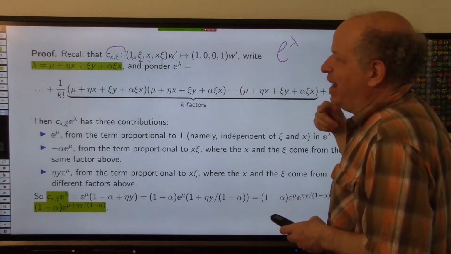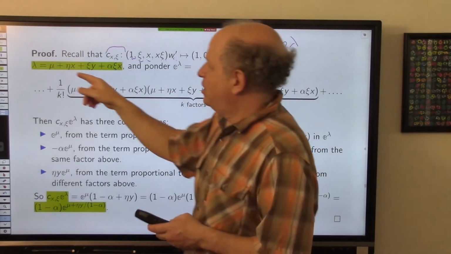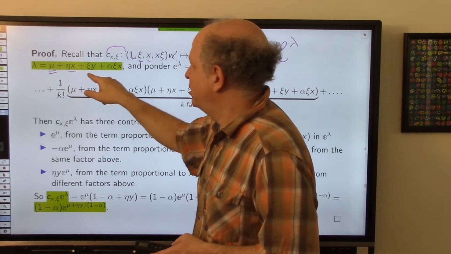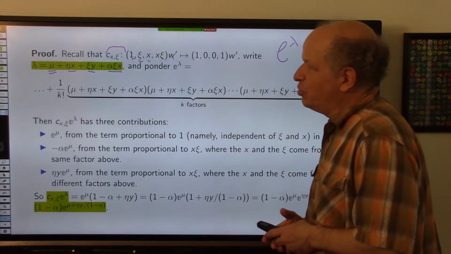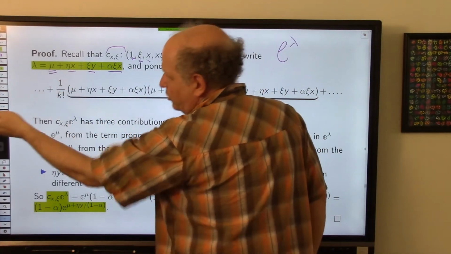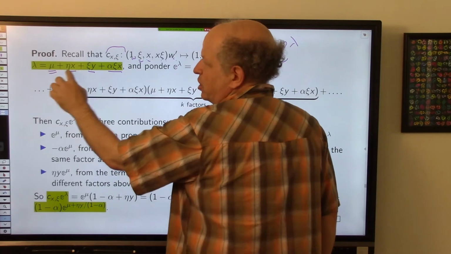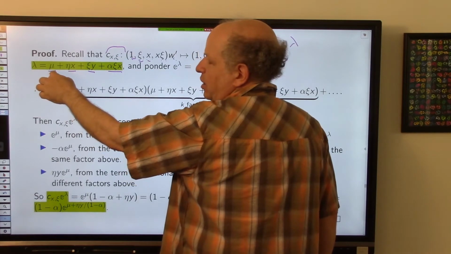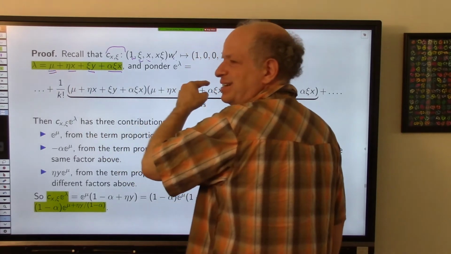So I write lambda in a language that makes this easy. I write lambda as mu plus eta times x plus psi times y plus alpha psi x. So basically, I factor out the terms with x, with psi, and with psi x. So mu is an element of the exterior algebra with the variables x and psi removed.